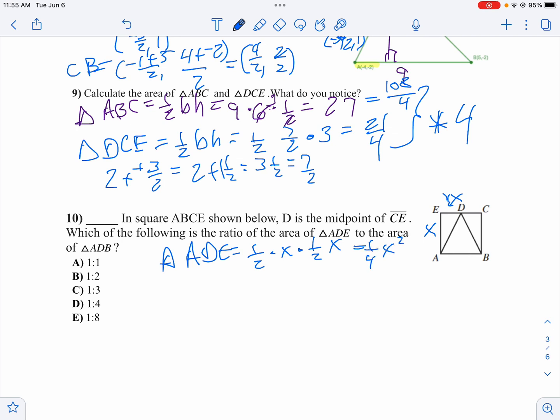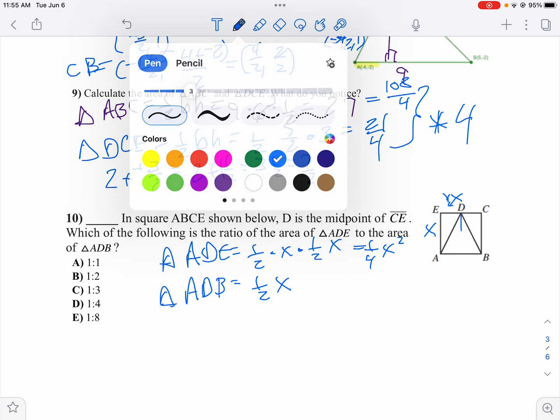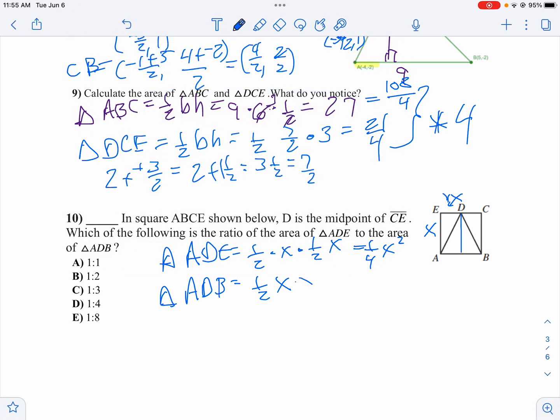If I find the area of triangle ADB, the difference on this one is my base is also x because that's the height of my square. So I get 1/2 x squared. So if I'm going to do the ratio, in other words, it's 1 to 2, isn't it?